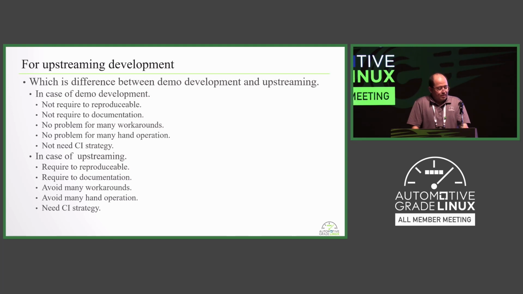On the other hand, in the case of upstream, it is required to be reproducible, required to have documentation, avoid many workarounds and hand operations, and need a CI strategy.